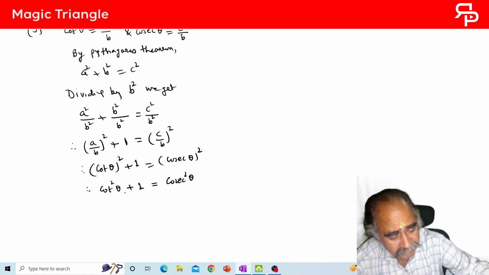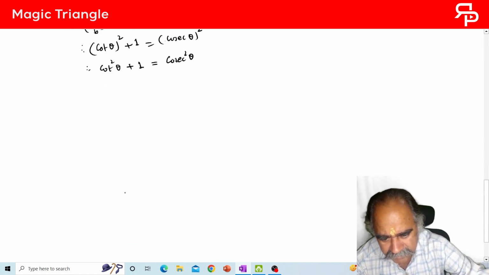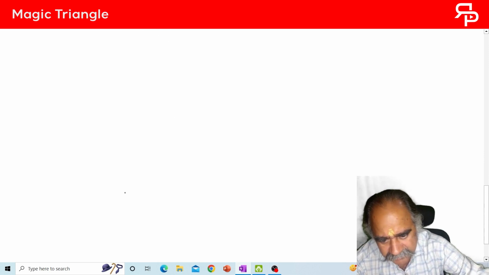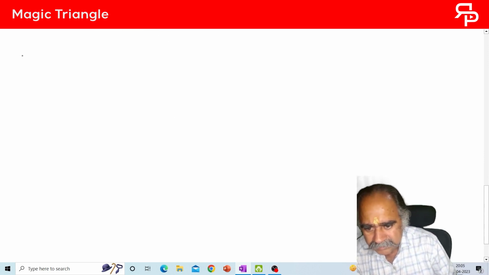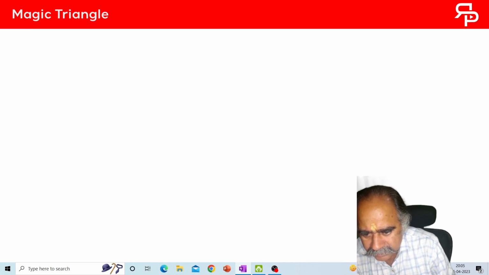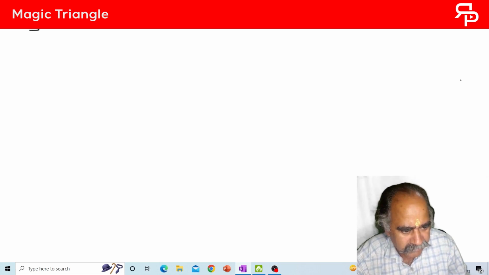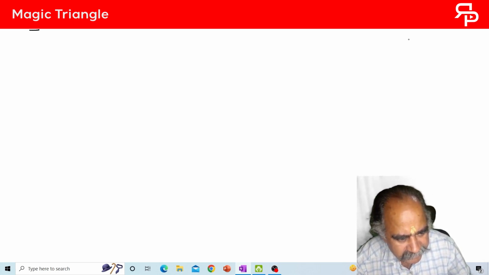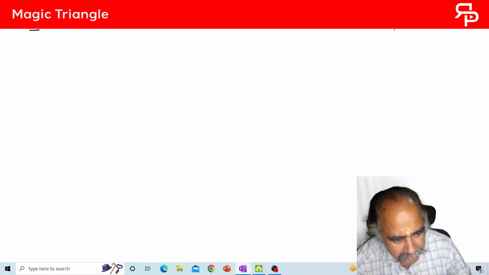Now another set of trigonometric formulae can be derived from this right angle triangle only. So I'll keep it in the third set. Second set over. The third set is related to inverse trigonometric functions. All these formulas you are getting from the right angle triangle only. See here. Let me draw the same triangle once again so that I do not have to go back to the previous figure again and again.